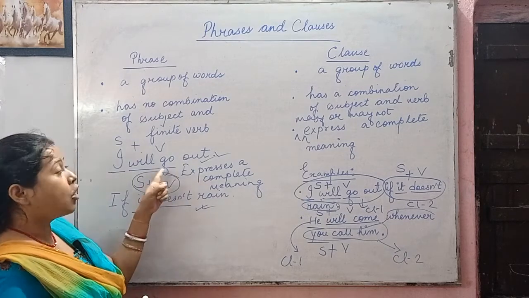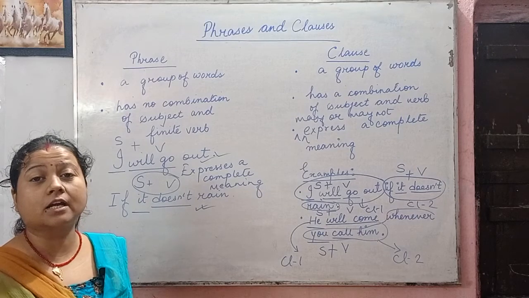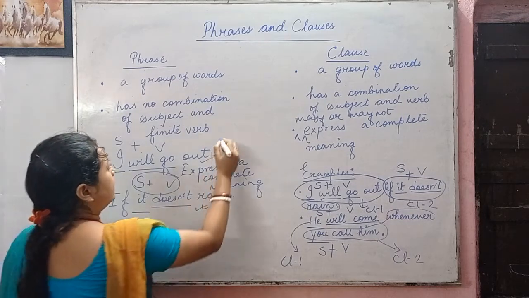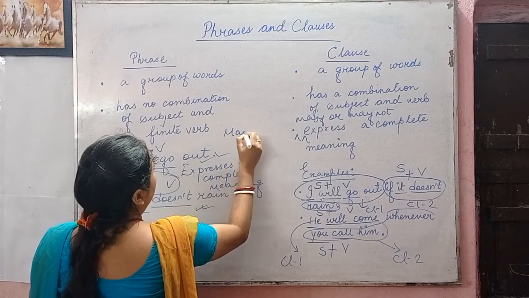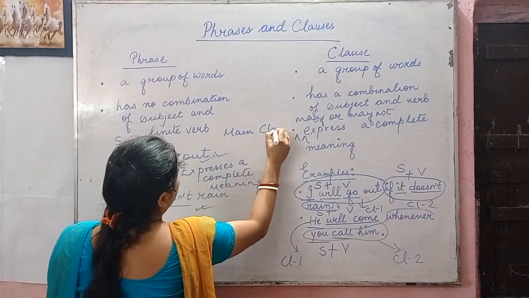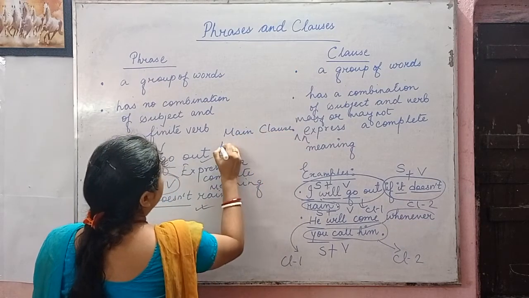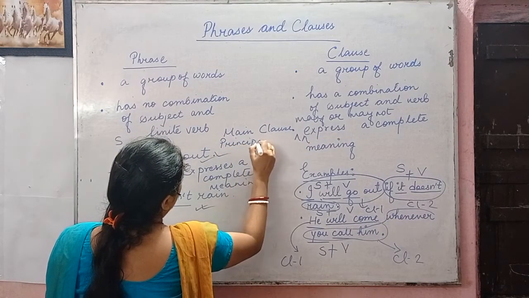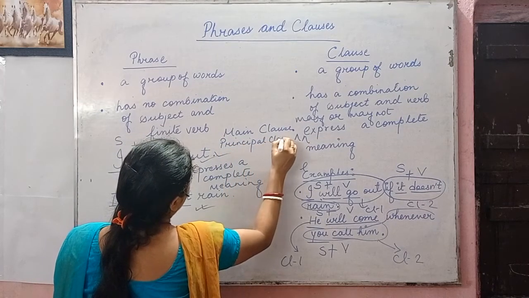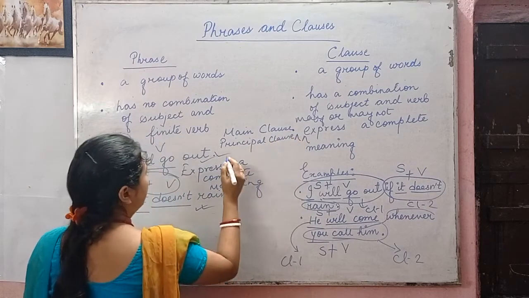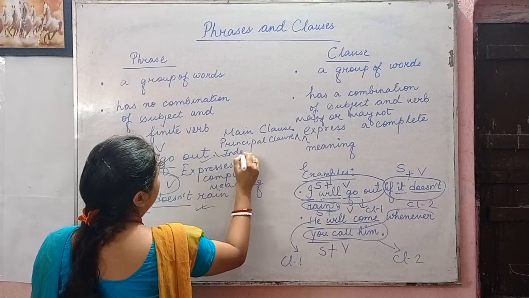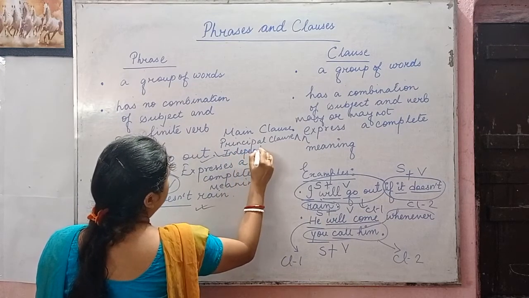Children, the clause which expresses a complete meaning is called main clause. You can also call it principal clause. You can also call it independent clause.